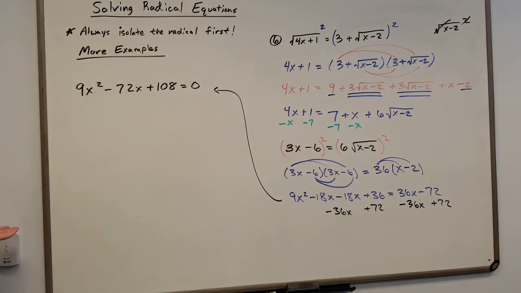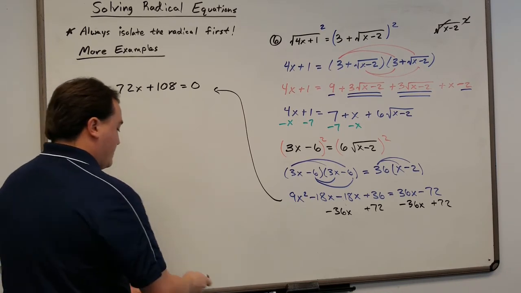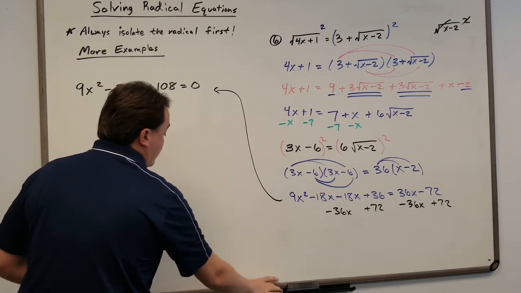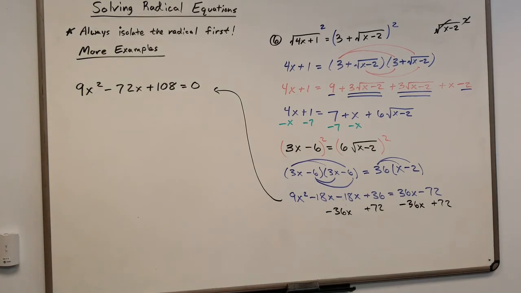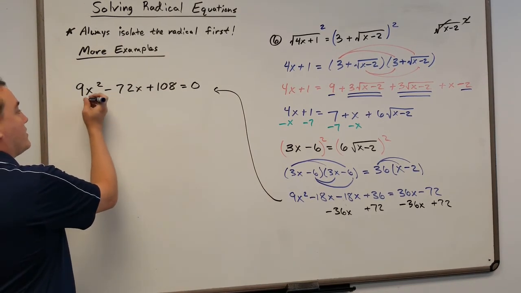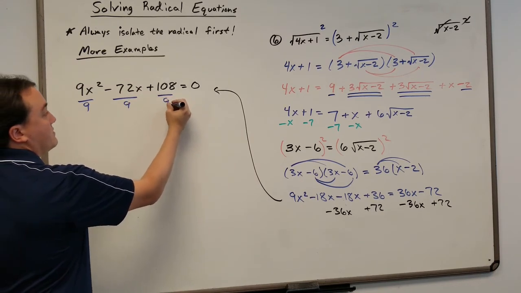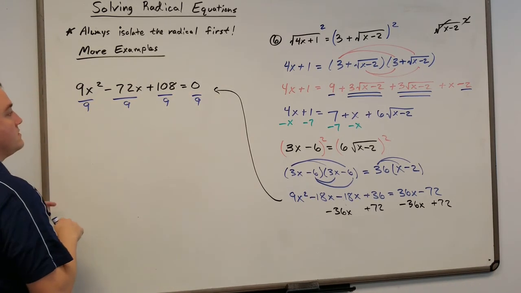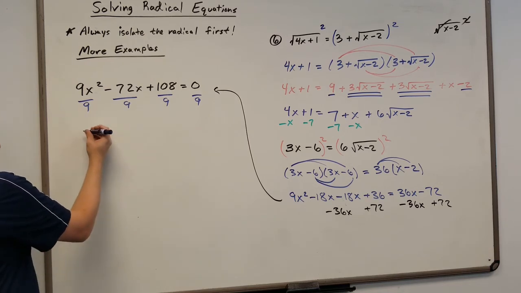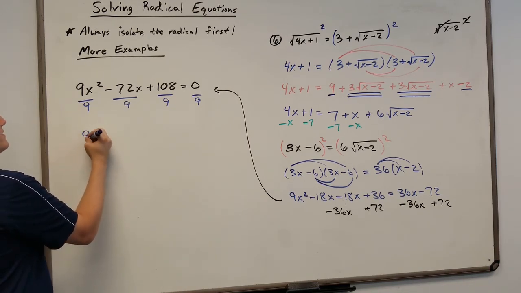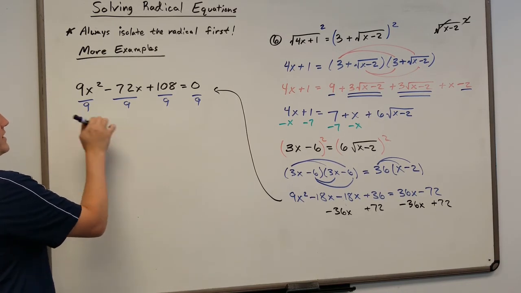So there's a little trick here we can use to make this a little bit easier. You don't have to use the trick either, but it does make it way easier. We can divide all these by 9. Or take out a greatest common factor. Well, we'll just take out a greatest common factor.